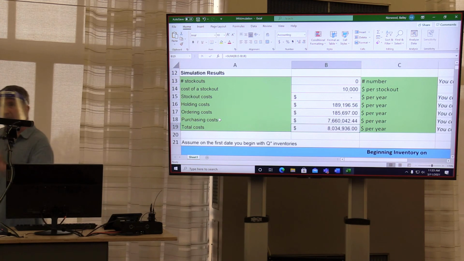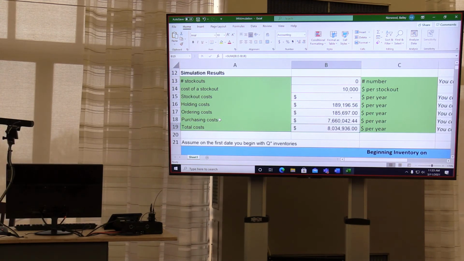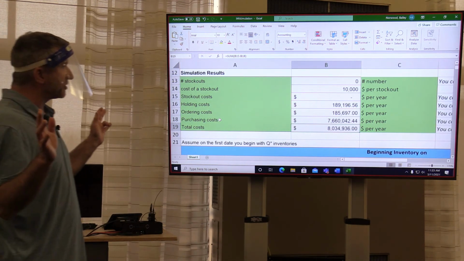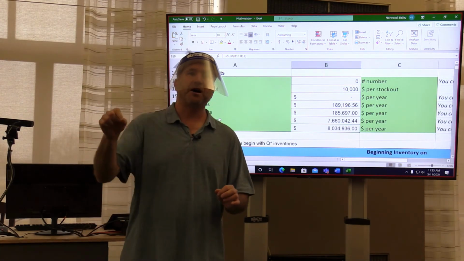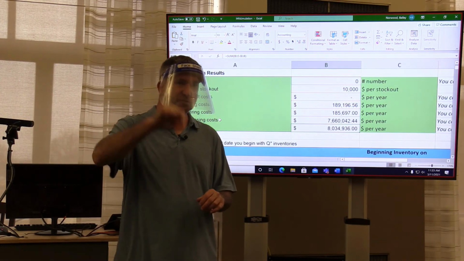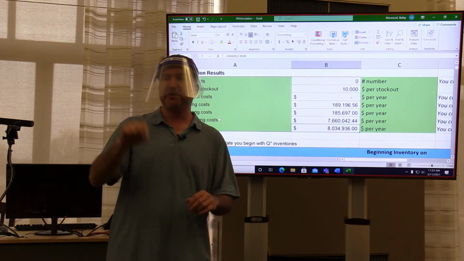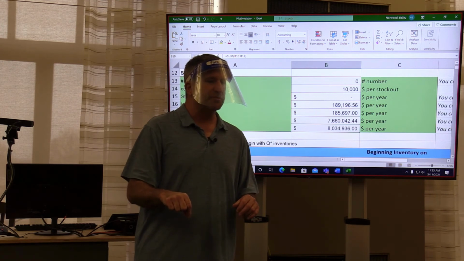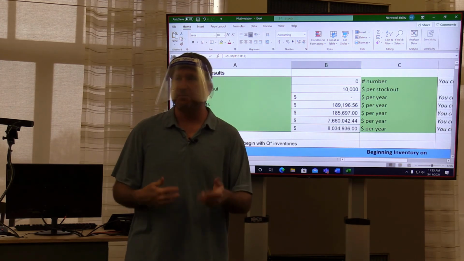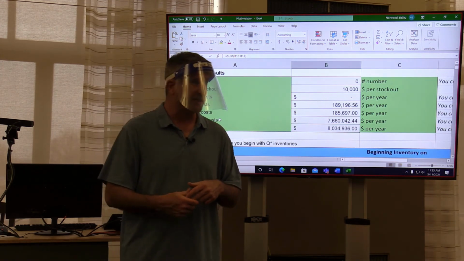Okay. Now, that was a lot. You only got a little bit of this. But when you go through this and you have to do all those formulas by hand, it's going to improve your understanding of the model, improve your understanding of what managing inventory is, and improve your use of things like if statements, sum statements, countif statements, things like that.